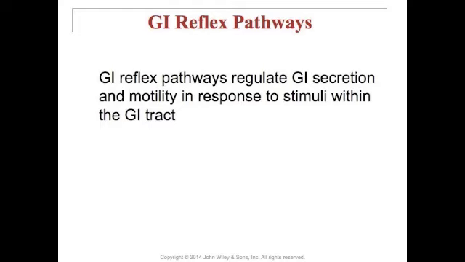Many neurons of the ENS are components of the digestive canal reflex pathways that regulate the digestive canal secretions and motility in response to the stimuli that's present in the lumen of the digestive canal. The initial components of a typical digestive canal reflex pathway are sensory receptors that are associated with the sensory neurons of the ENS.